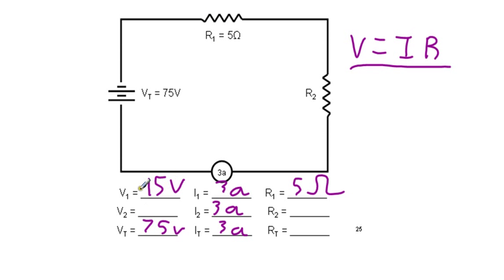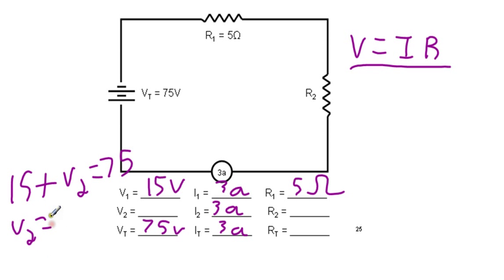So that's going to be 15 volts over here. And when we look at this now, we think back to the rules for series, and the voltages add up to the total. So V1 plus V2 equals VT. So 15 plus V2 is equal to 75, which means that our V2 is going to be equal to 60 volts.